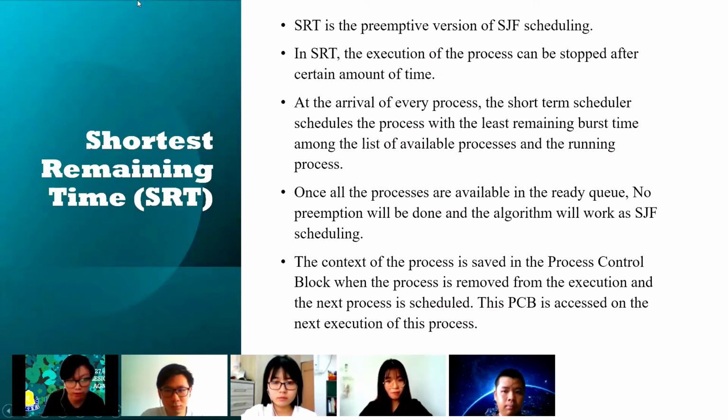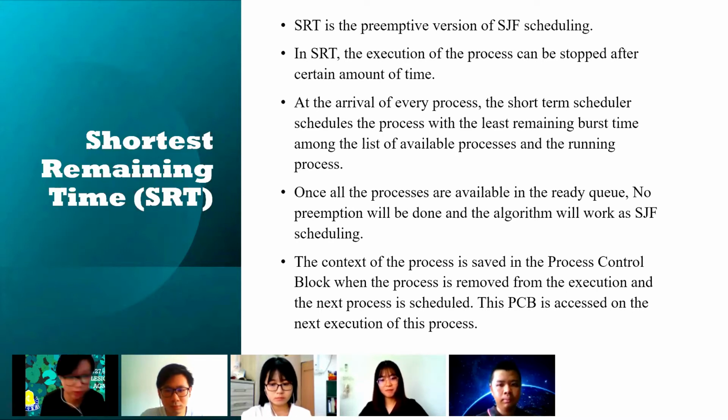Okay, thank you to the previous presenter, Ms. Tan Jing Ting. Mr. Heng Sheng Wei is going to present about the shortest remaining time, SRT. SRT is the preemptive version of SJF scheduling.